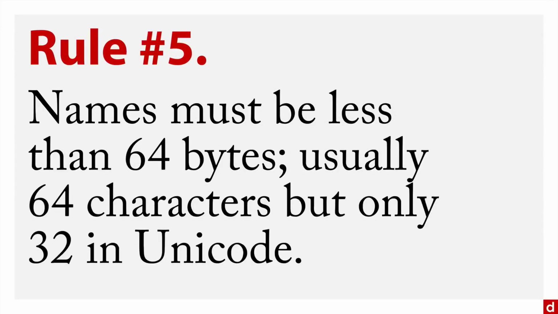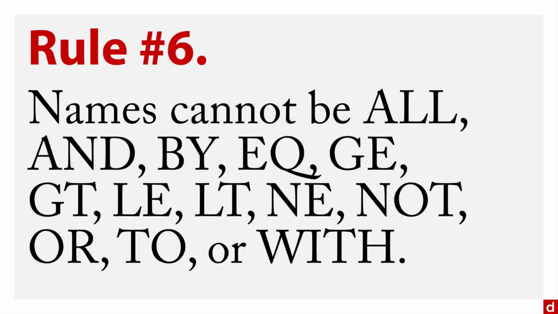In most text coding systems, that's 64 characters. But if you're using a Unicode system, that might be only 32 characters. And the last rule, rule number 6, is the names cannot be any of these words: all, and, by, EQ, GE, GT, LE, LT, NE, not, or, to, or with, because those are all reserved function names within SPSS. So don't create that confusion.